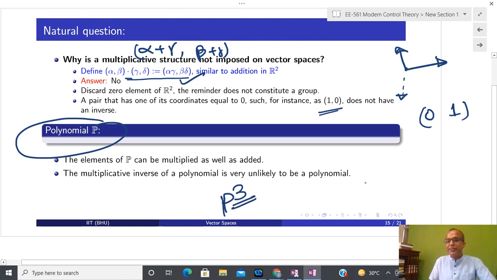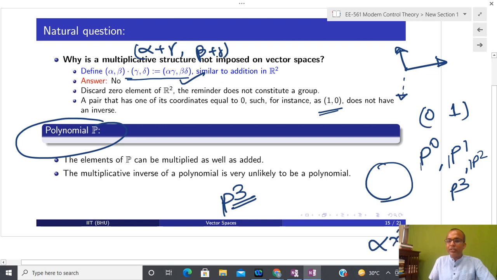Okay, so I have a space where the polynomials are of the form p0, p1, p2 or p3. What does it mean? It means I am talking about this kind of polynomial: alpha 1 x cube, alpha 2 x square, alpha 3 x, something like that, so the maximum order is 3. So suppose inside this space I have polynomials in this form.